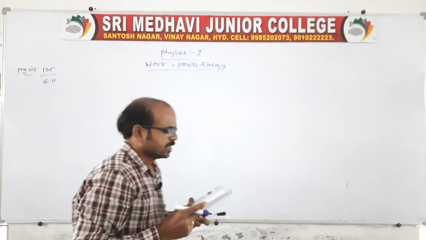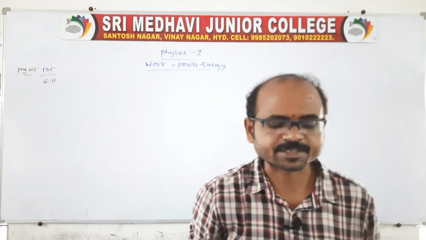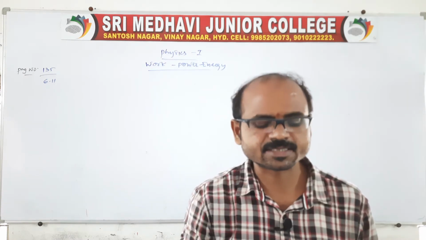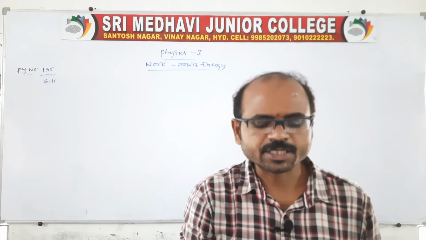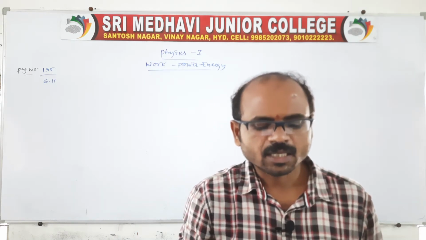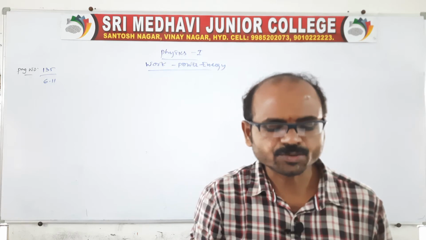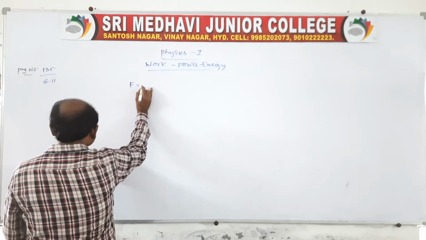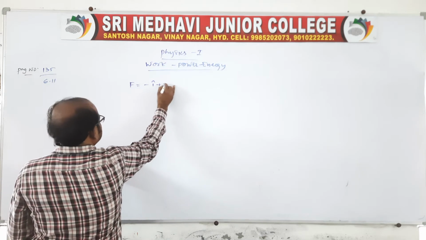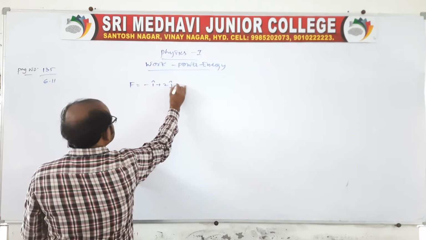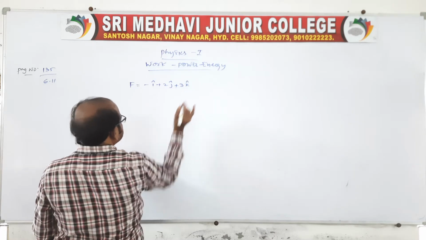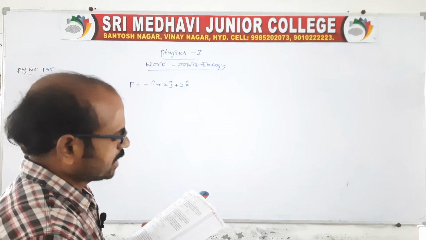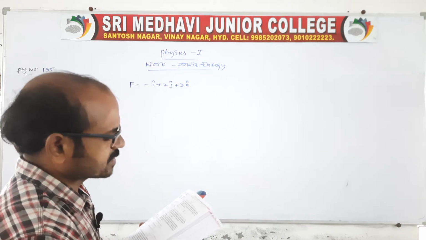I'll read the question. A body constrained to move along the z axis of a coordinate system is subjected to a constant force given as minus i cap plus 2j cap plus 3k cap, where i, j, k are unit vectors along the x, y, z axes of the system respectively.